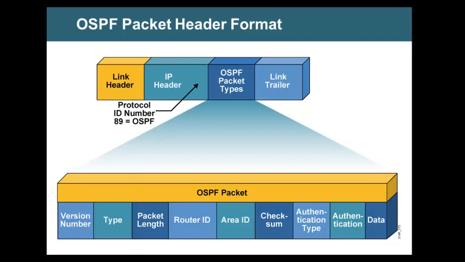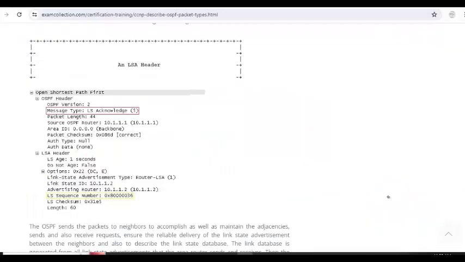And then router ID. You see the router ID here. 10.1.1.1 is the router ID. Next, area ID. It belongs to area 0. You see backbone area ID. And then you see checksum value. And then authentication type, authentication string.